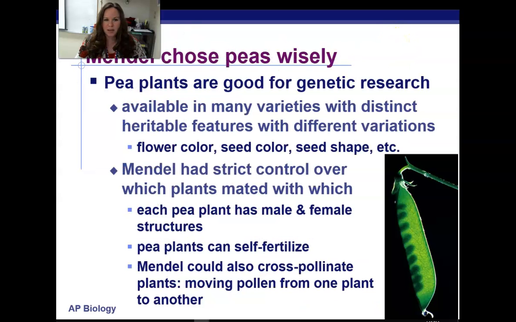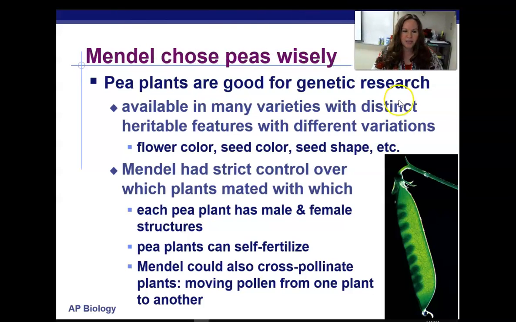Mendel was pretty lucky with his experiments. He did have some good techniques, but you can also boil it down to some good luck, that he chose wisely with the individuals that he was testing on, and that was pea plants. He chose good traits that weren't linked, so those traits must be on different chromosomes and are inherited independently of one another.